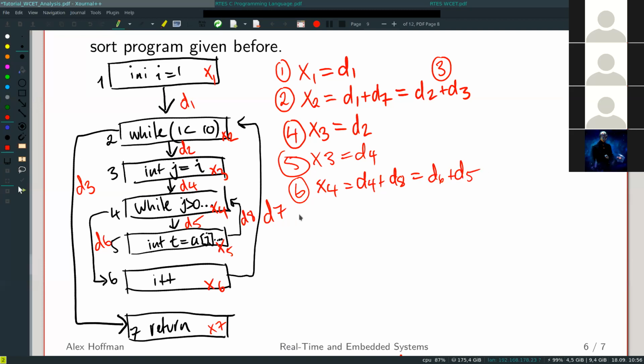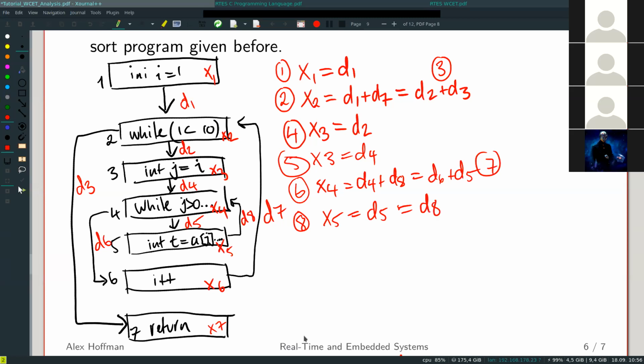Next one. So this is number 7. What's the next one going to be? X5 equals D5 equals D8. Exactly. You guys have got the hang of this. D5 equals D8.